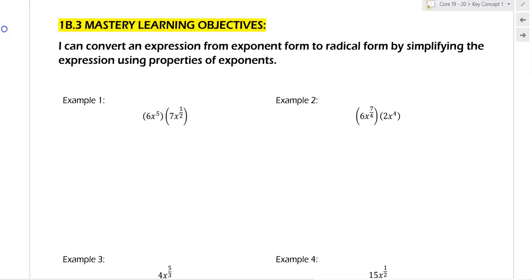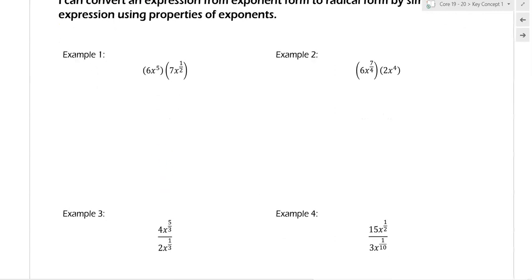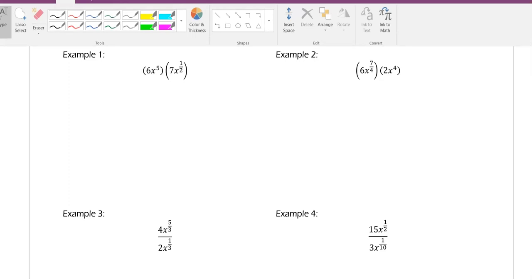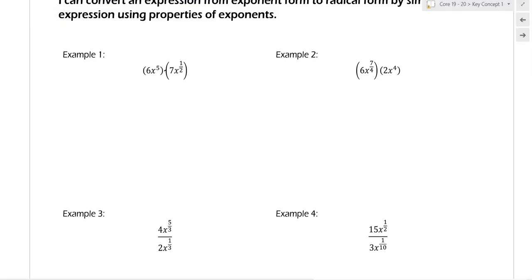Okay. So if we look at our first example, I want to switch this to radical form, but right now I have things, and remember, if I don't see any operation, just parentheses, those are being multiplied. So the first thing I have to do is multiply those together, okay? Remember, when we were multiplying, we took our coefficients.